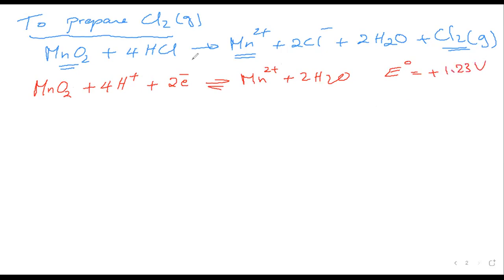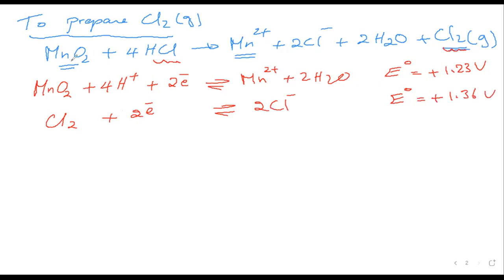Okay. And then we want to find a relation between the chloride ions and chlorine gas. We'll find that chlorine plus 2 electrons gives 2 chloride ions, and the E naught value for this equation is plus 1.36 volts.